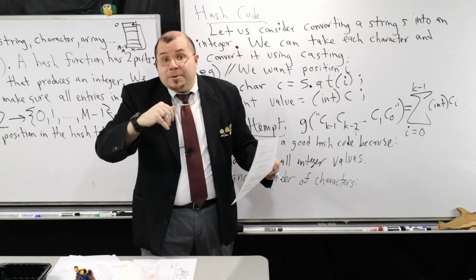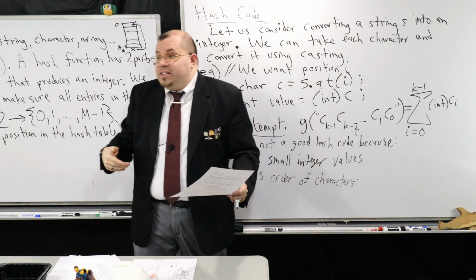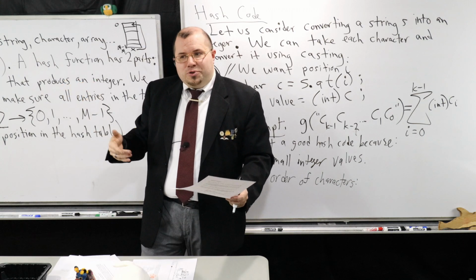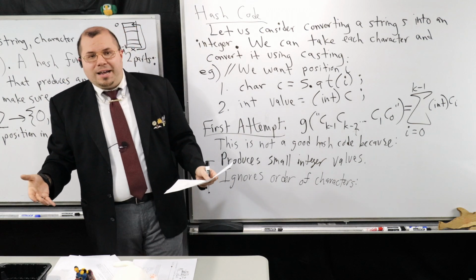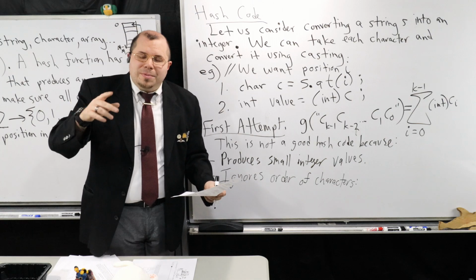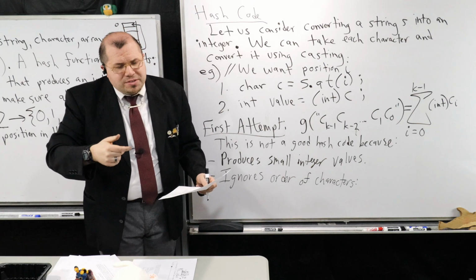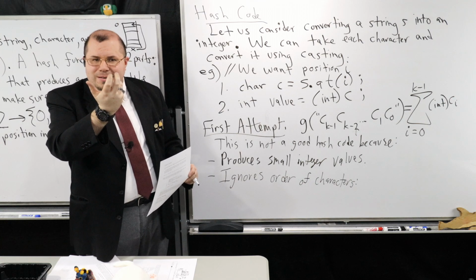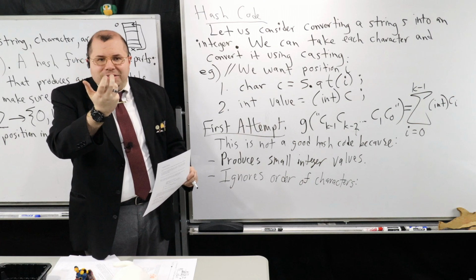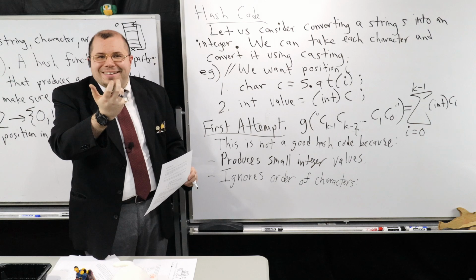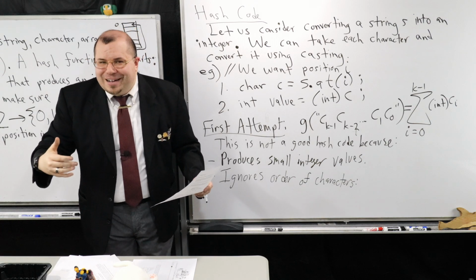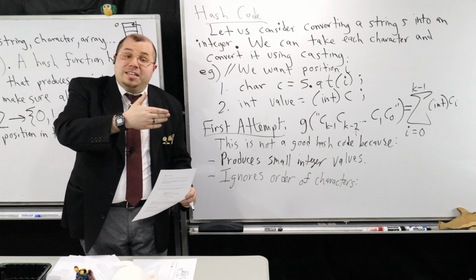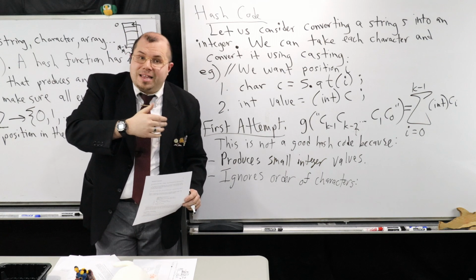This is something that happens very often when you have digit-based IDs like student numbers. For example, you may have several student IDs that all have the same number of 1s in them or the same number of 2s in them. If I permute those in my string, it doesn't make any difference. They're going to hash to the same thing, right? That's a problem. From the standpoint of the hash code, it will just give us the same integer value.